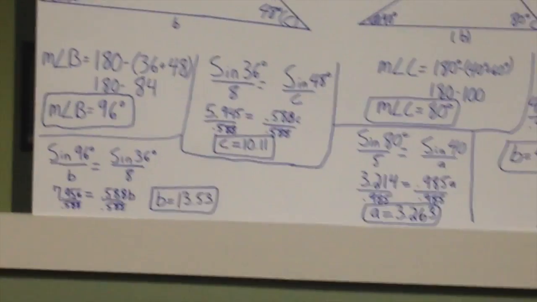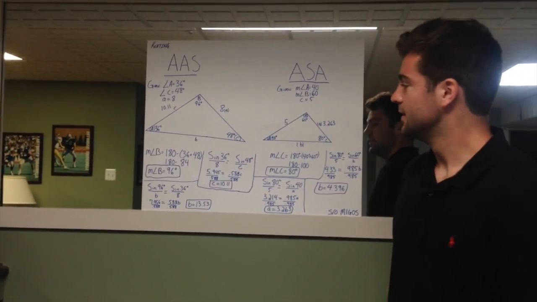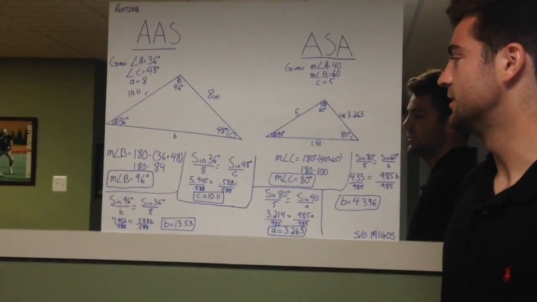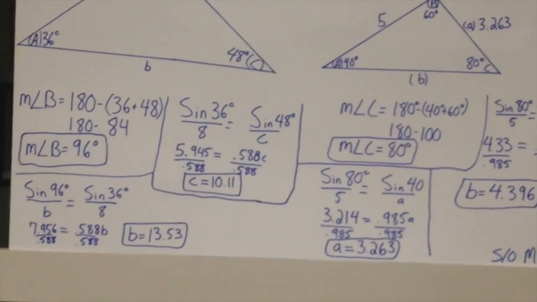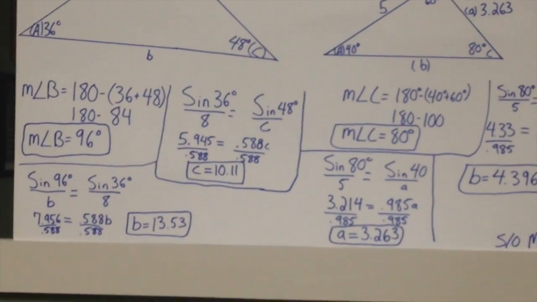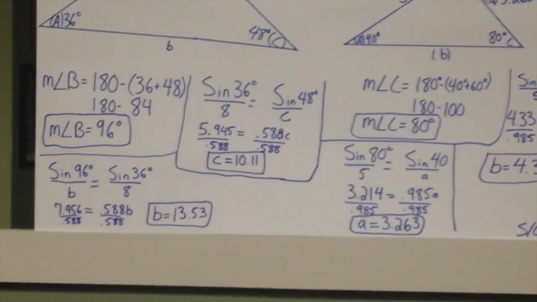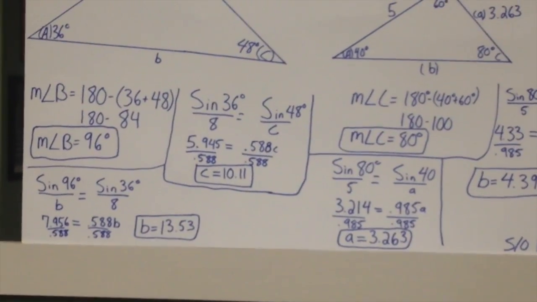That's pretty simple. Then you do the same process to find the length of side C. This one I did sine of 36 over A is equal to the sine of 48 over C. 5.945 equals 0.588 C, and then you divide that out again and get C is equal to 10.11.